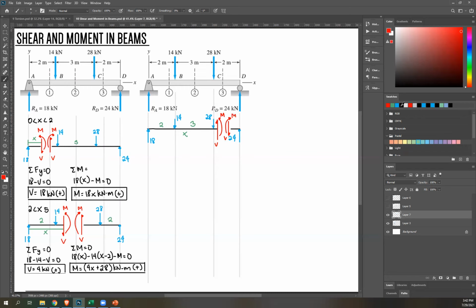Okay, now let's create our equations. I'm gonna isolate the left side just so that we're uniform in our value for x. So summation of forces y equals 0, 18 minus 14 minus 28 plus b equals 0. Please solve what's b.